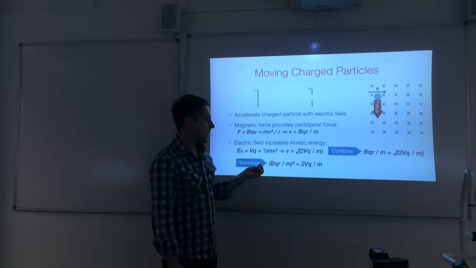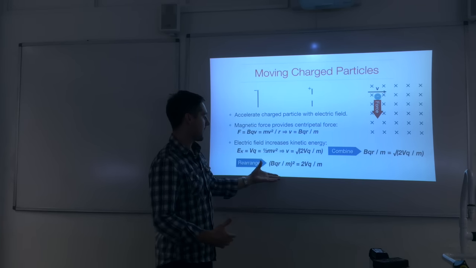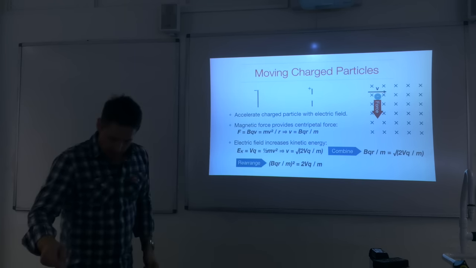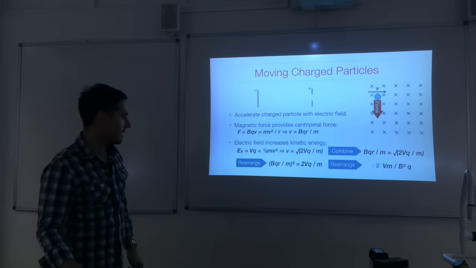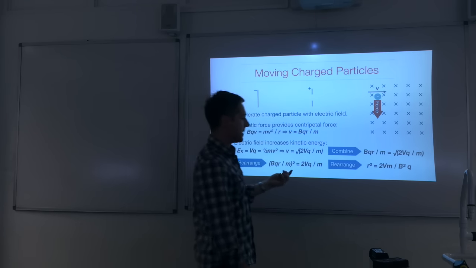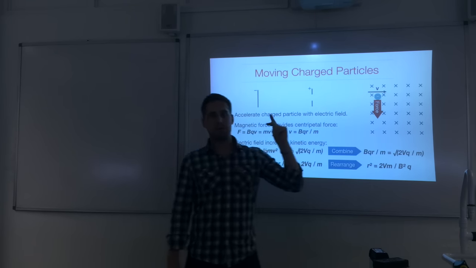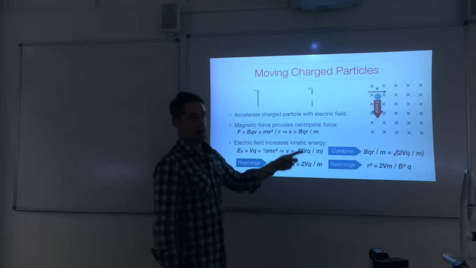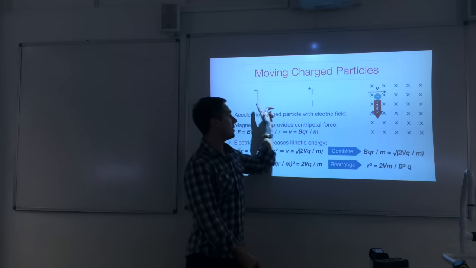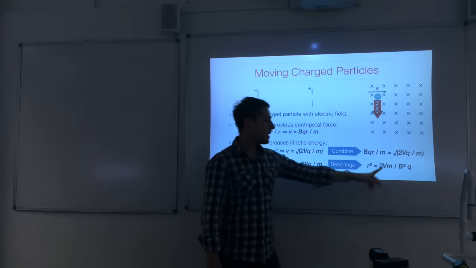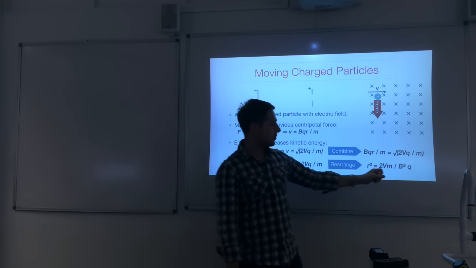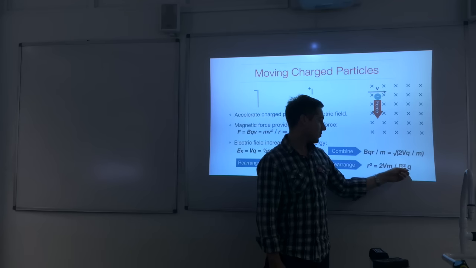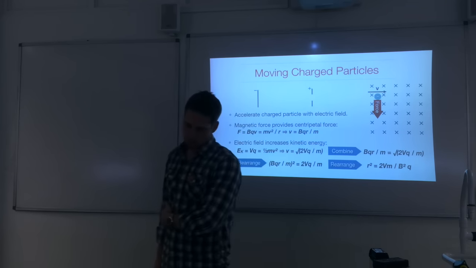So now we've grouped some terms together and rearranged again. Now we've got the radius that the particle will undergo in its circular motion in terms of the voltage that we use to accelerate it, the mass of the charged particle, the magnetic field strength, and the charge of the particle.